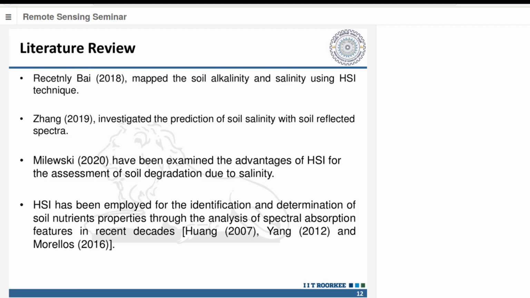In 2019, Zhang investigated the prediction of soil salinity with soil reflected spectra. In 2020, Milwaukee examined the advantages of hyperspectral imaging for the assessment of soil degradation due to salinity. So HSI has been employed for the identification and determination of soil nutrient properties through the analysis of spectral absorption features in recent decades.